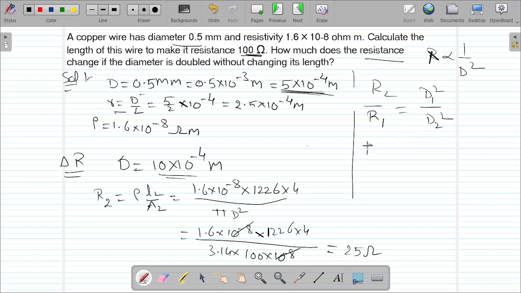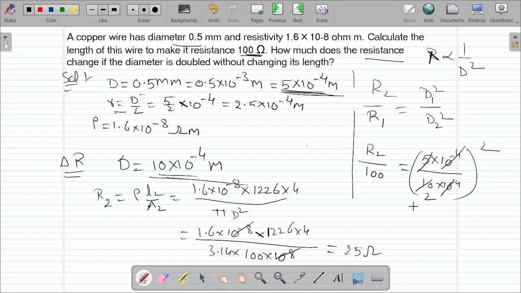So R2 is R2 only. R1 is how much? Initially 100. R2 by 100 equal to D1 by D2 whole square. D1 is 5 into 10 to the power of minus 4, D2 is 10 into 10 to the power of minus 4. 10 power minus 4, 10 power minus 4 gets cancelled. 5 1s are 5, 5 2s are 10.